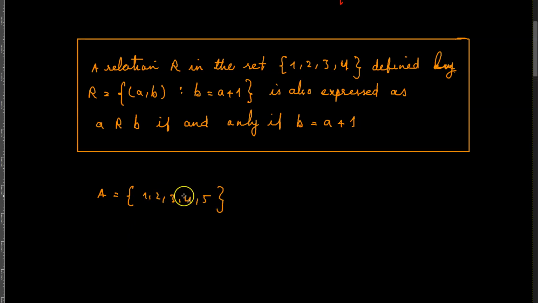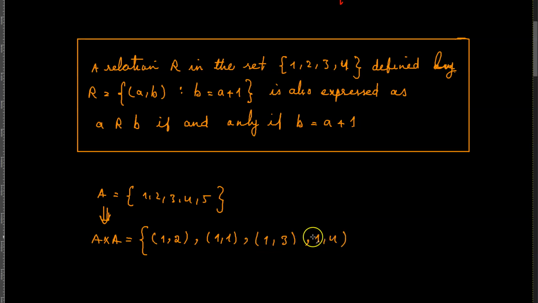Then out of A you create the Cartesian product of A and A, because normally R is a relation on A. So when you want to define a relation on A, you calculate the Cartesian product of A, which would be all of these ordered pairs: (1, 2), (1, 3), (1, 1), (1, 4), and so on, all the way up to (5, 5).